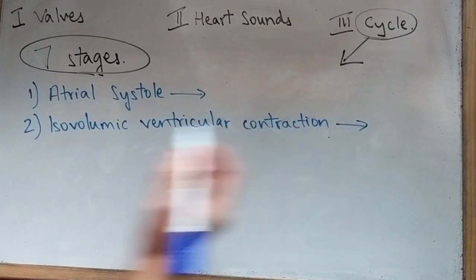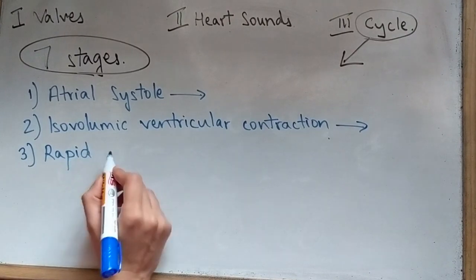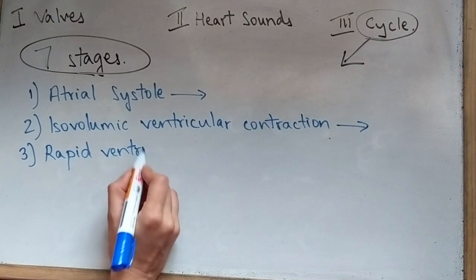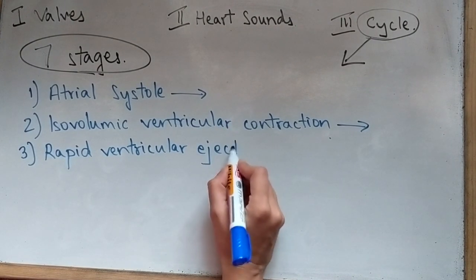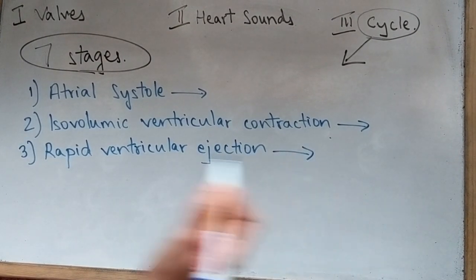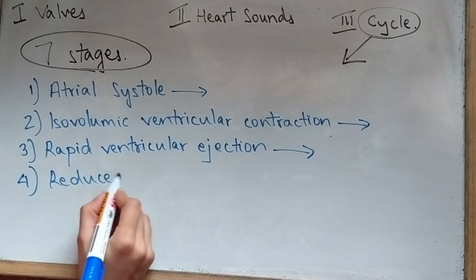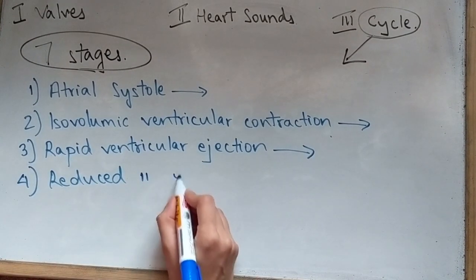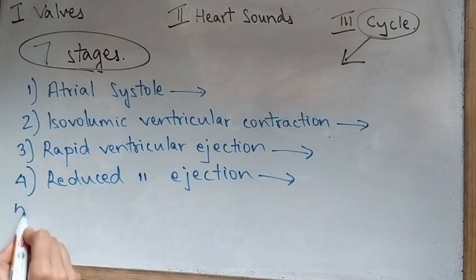I'll speak about each of them later. Third one would be rapid ventricular ejection. Then we go from rapid to a bit slower version, so we go to a reduced ventricular ejection. Then the 5th one would be the isovolumic ventricular relaxation.